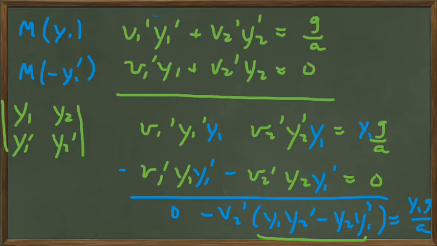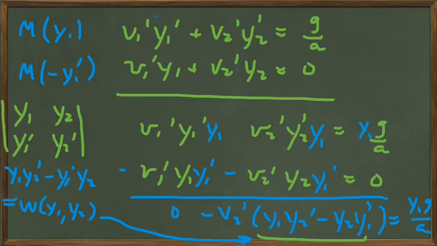So that is y1 y2 prime minus y1 prime y2, and that has a special name called the Wronskian of y1 and y2. So that's what this expression multiplying the v2 prime right here is: the Wronskian of y1 and y2.